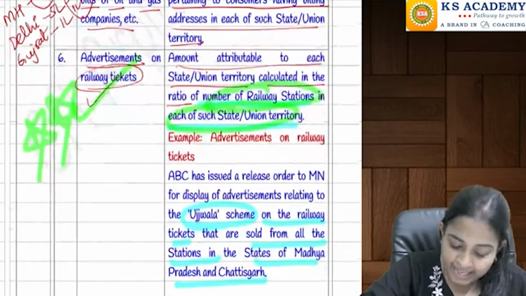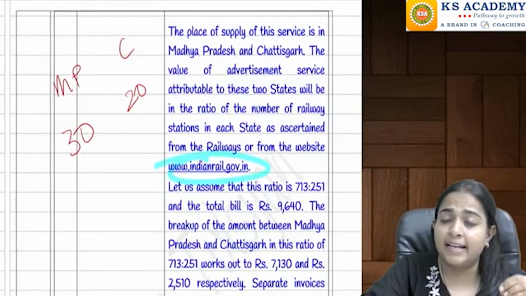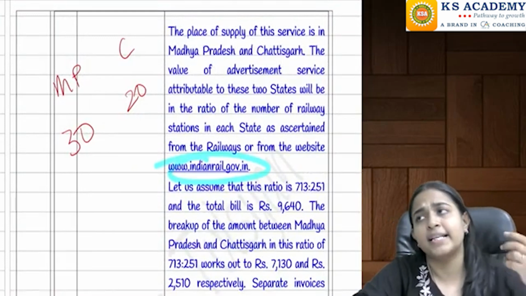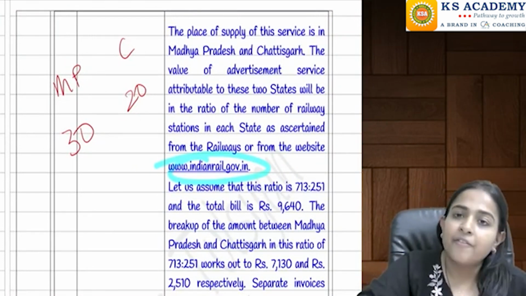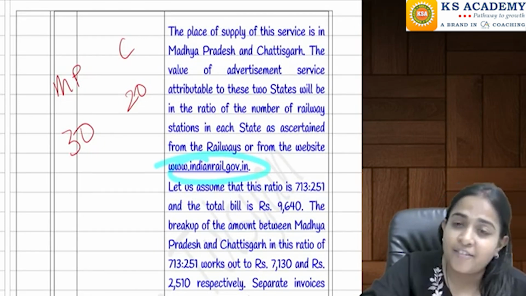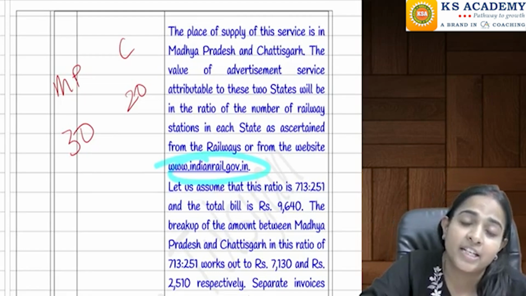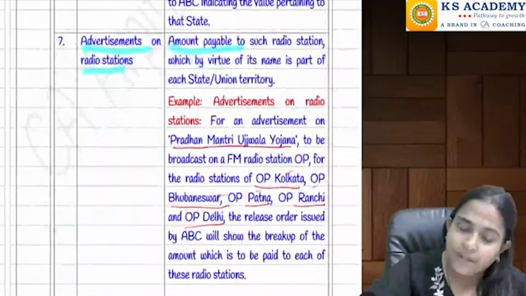In that case, let's say the government says that all the tickets sold from Maharashtra and Gujarat, for that the advertisement should be printed. So whatever are the number of railway stations in Maharashtra is to the railway stations in Gujarat, in that particular ratio the bifurcation will be done.